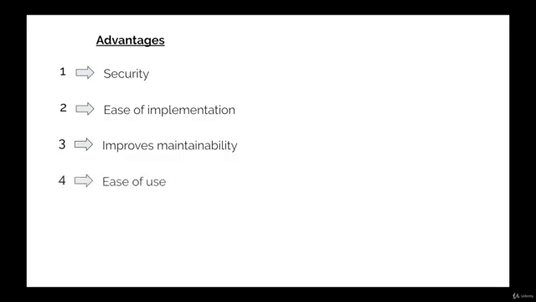The next benefit we have is the ease of use. It's very easy to use systems that have abstractions. Imagine a scenario wherein you have to know the programming language or the server information before using the ATM.